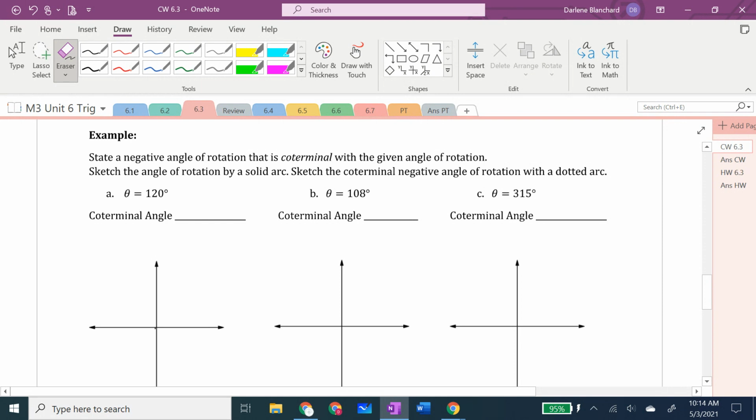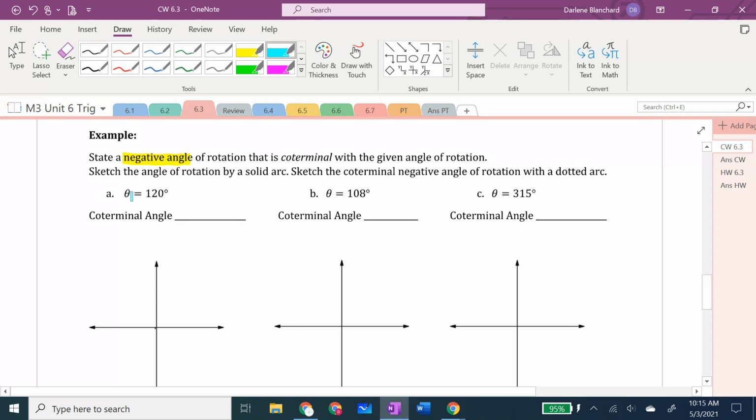The directions are asking you to state a negative angle of rotation that is coterminal with the given angle of rotation. So let's start with that, and then we'll move on to what it's asking to sketch.